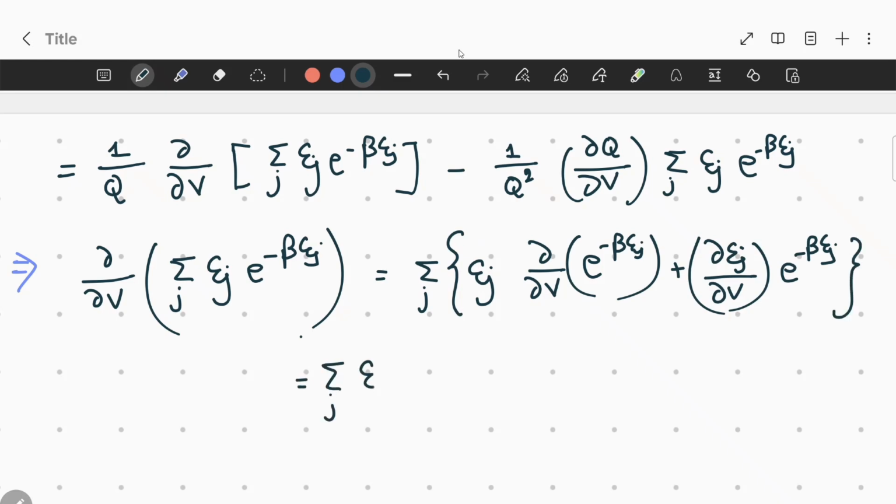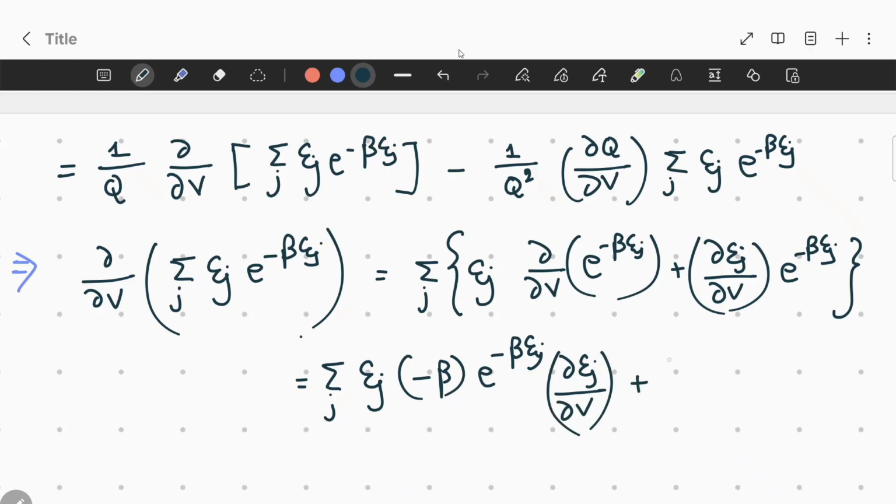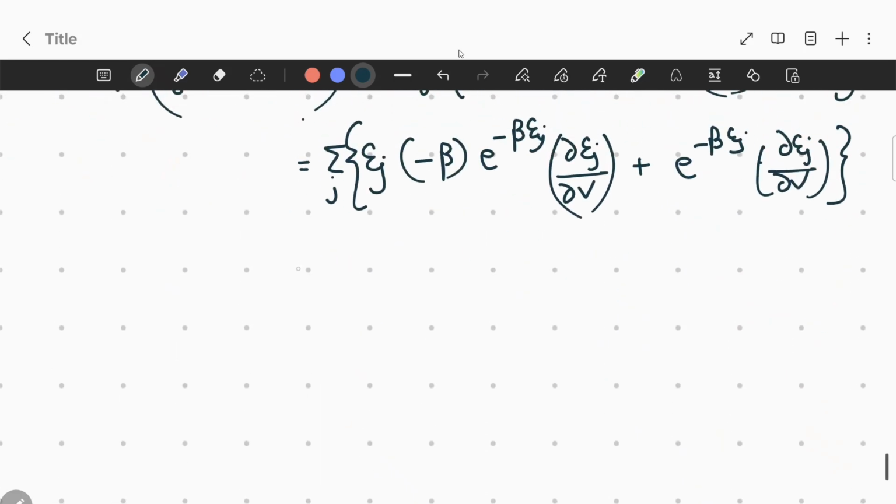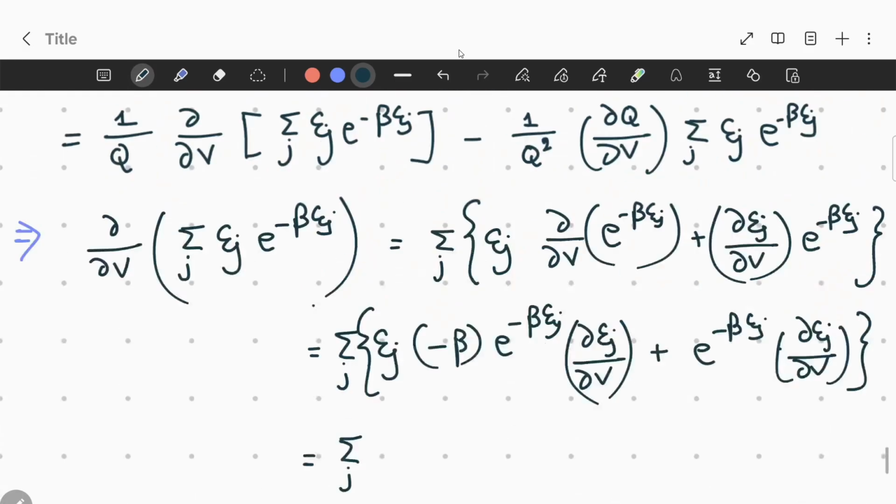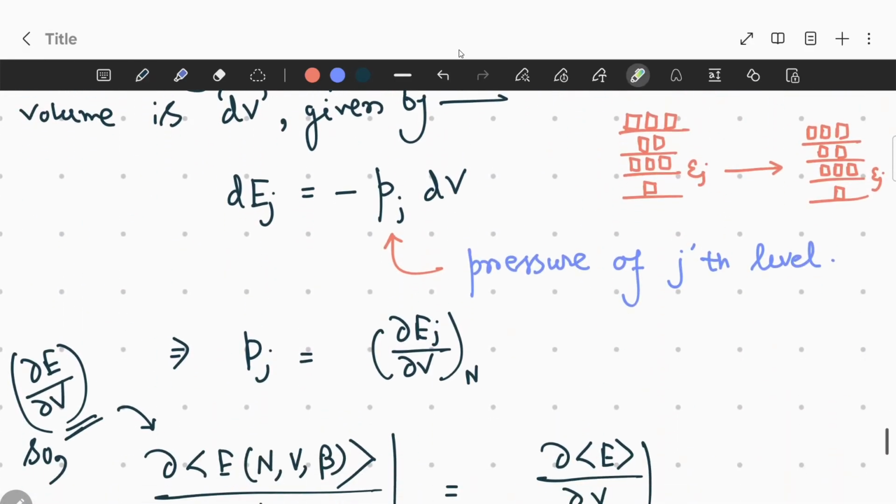So what we can write is beta. Correct. So if you take common, and if you remember, this was our PJ, right? Delta EJ del V, this is our PJ.